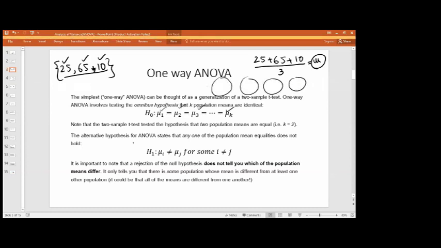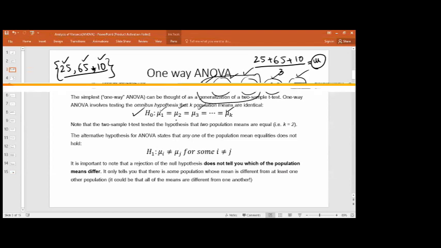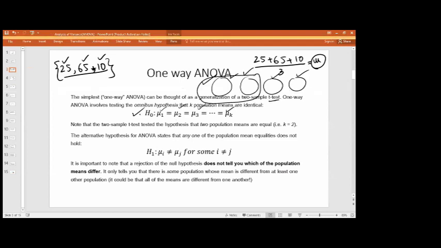For example, we have 4 groups. If we prove that at least one mean is not equal, we can say the null hypothesis is rejected and the alternative hypothesis is accepted.